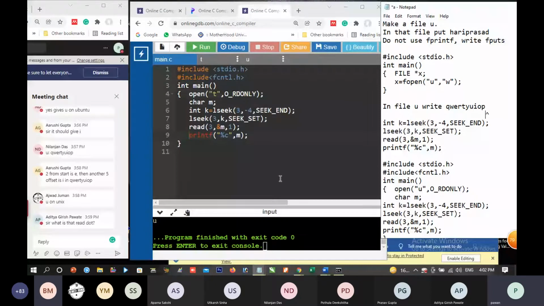Is this all right to you? Now, let us further proceed. Any doubt till now? Have you understood the concept of SEEK_SET, SEEK_CUR and SEEK_END? Any doubt?